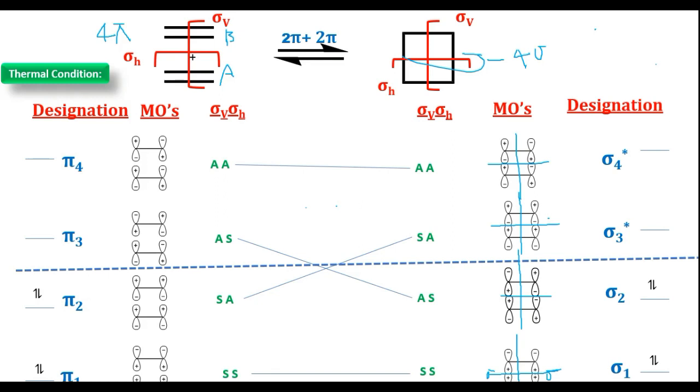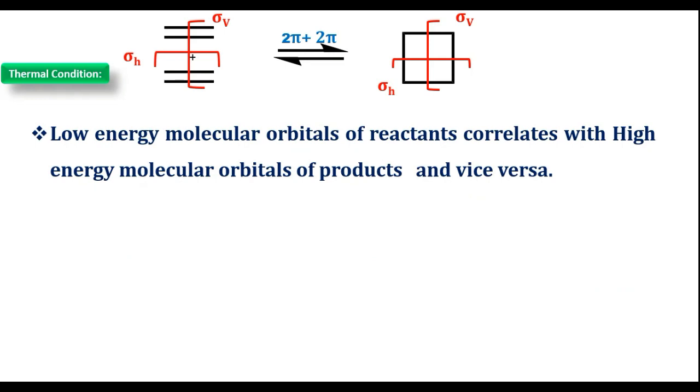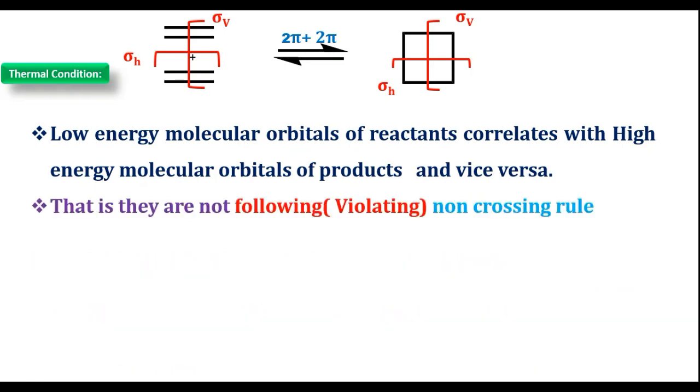Once you remember friends, we are not discussing suprafacial-antarafacial modes. When you are not mentioning the stereochemical mode, that belongs to the supra mode only. So friends, finally what is the conclusion? Low energy molecular orbitals correlating with high energy molecular orbitals means they are crossing, violating the non-crossing rule.